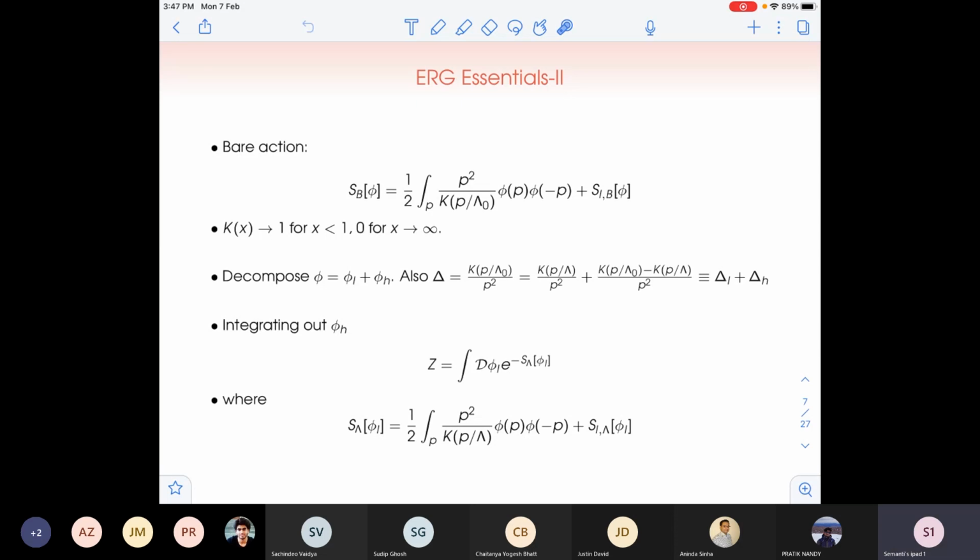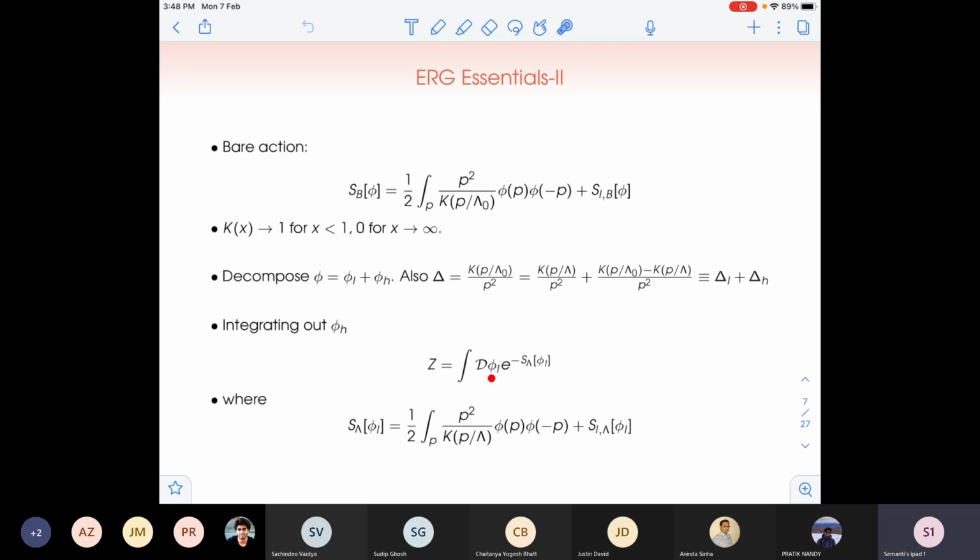After that, we decompose phi into phi l plus phi h, and also the propagator into a low energy part and a high energy part. So phi l carries only the low energy part, momenta lower than lambda, carried by this propagator, and the rest by the other propagator. And we integrate out phi h, and Z is written in this way.